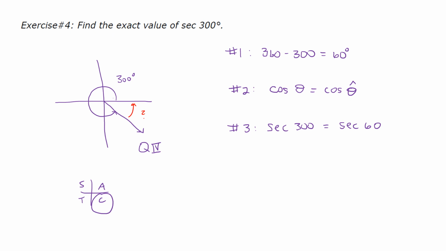Now secant of 60 degrees in terms of cosine would be 1 over cosine of 60 degrees. When we evaluate this, we're going to get the value 2. So the secant of 300 degrees equals 2.